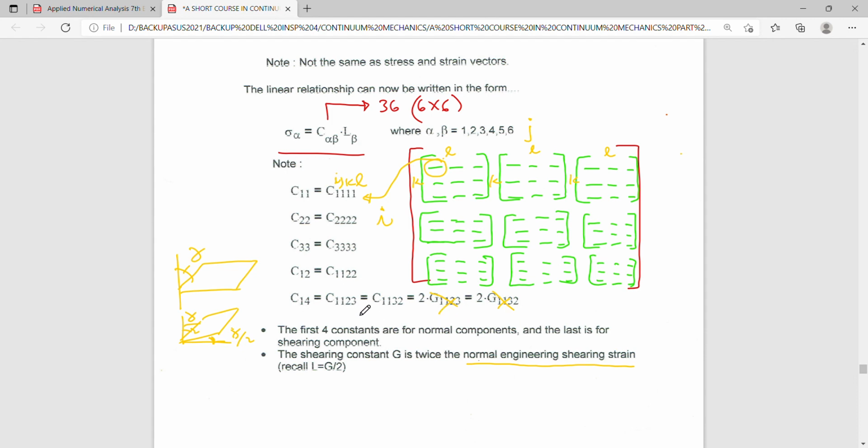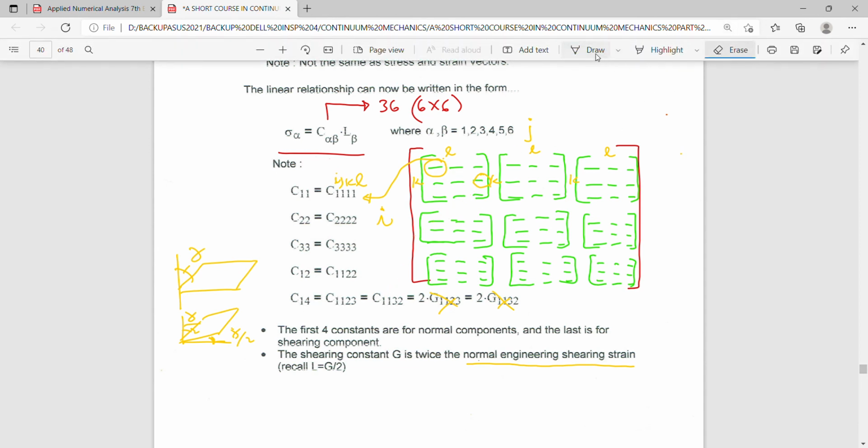C1123. Saan yon? So, C1, 1. Okay, 1, 1. Dito pa rin siya, no? Saan yung 2, 3 mo? So, kumuha ka ng pangalawang row, tapos ito siya, no? Ito yung C1123. Ay, baligtad. Although symmetric siya.